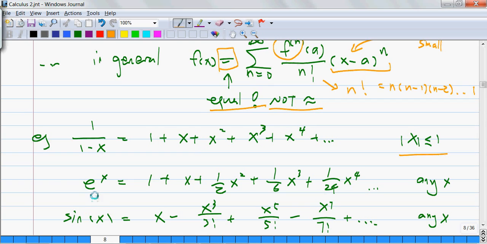And similarly, if you have e to the power x, you would have a Taylor expansion like this, which in general I think is x to the power n over n factorial, and you sum from 0 to infinity. And this is true for any x. So for an approximation, suppose x is very close to 0, then all these things are very close to 0, so you have a linear approximation for e to the x.